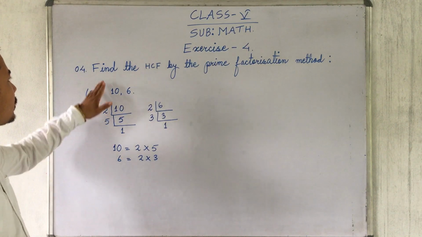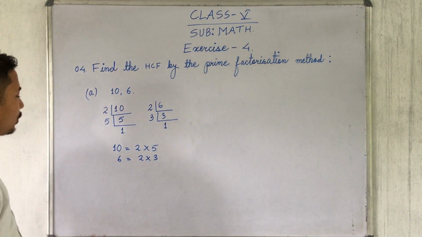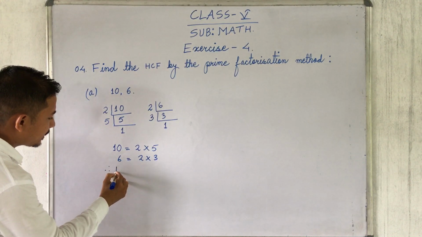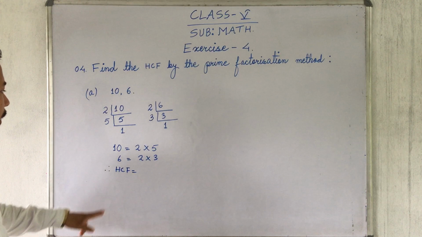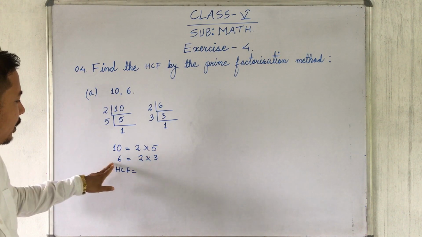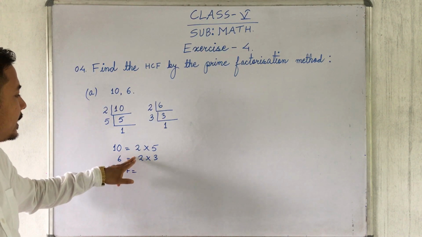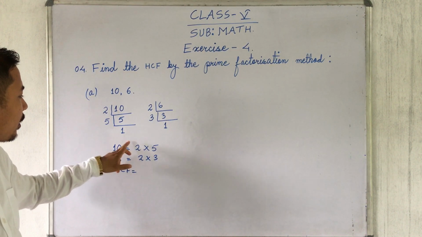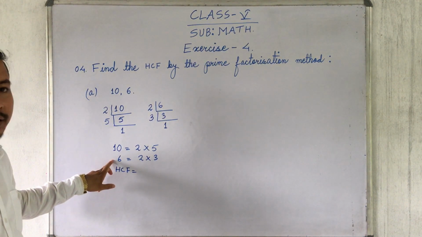Now it is asking us to find the HCF by the prime factorization method. So HCF will be, now look at it, 10 is 2 into 5 and 6 is 2 into 3. So 2 is a factor of both the numbers, 10 as well as 6.